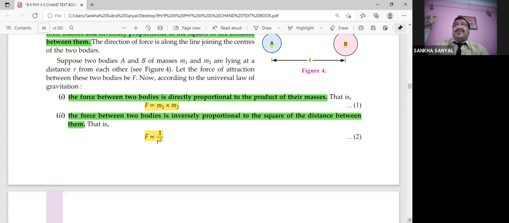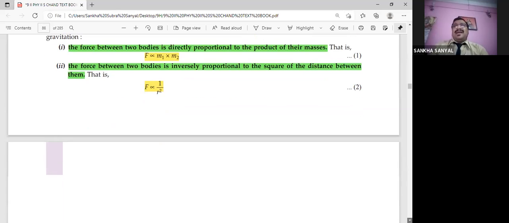And if the distance between the bodies is half, r becomes 1 by 2, and 1 by 2 square is 1 by 4. I hope you have been able to understand this. This 4 of the denominator goes to the numerator and it becomes 4 times. So the force increases by 4 times if the distance between the two bodies is half.